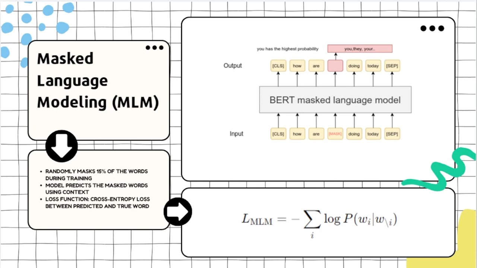Now let us look at the details of how the model is trained to do certain tasks. One part of the training process is called masked language modeling. What this does is it takes a sentence, suppose in this case, how are you doing? So this should be you. This word is masked, and many other words are masked. 15% of the words are masked, and they are passed through the BERT masked language model, which then predicts the word that is highly likely to be there.